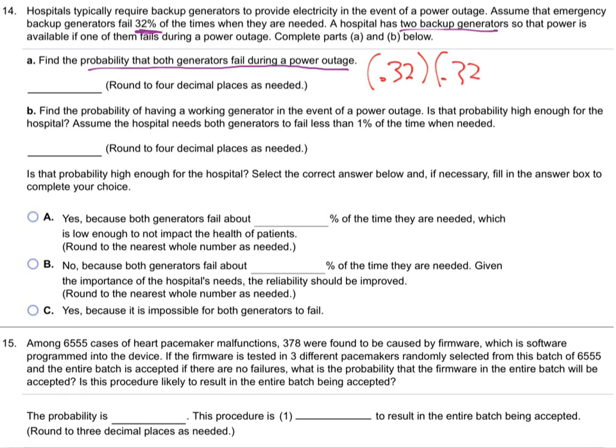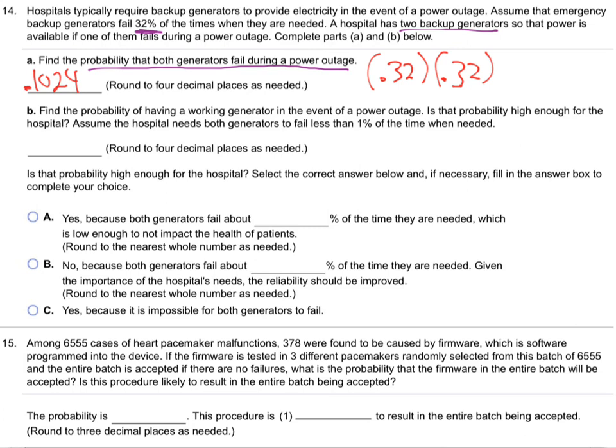Perfect, 0.32 times 0.32. So "and" you just multiply them together again, or you would add. 0.1024, which is like 10%. So it went down from 32% to 10%. Very low chance of failure.